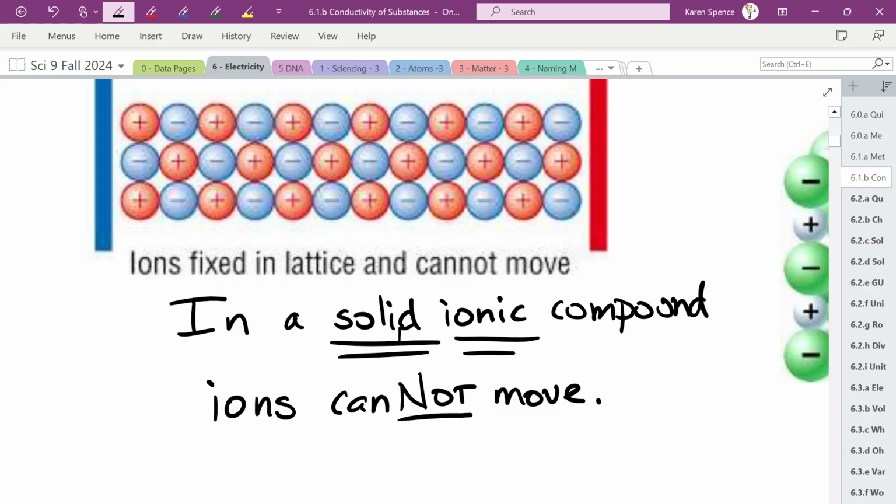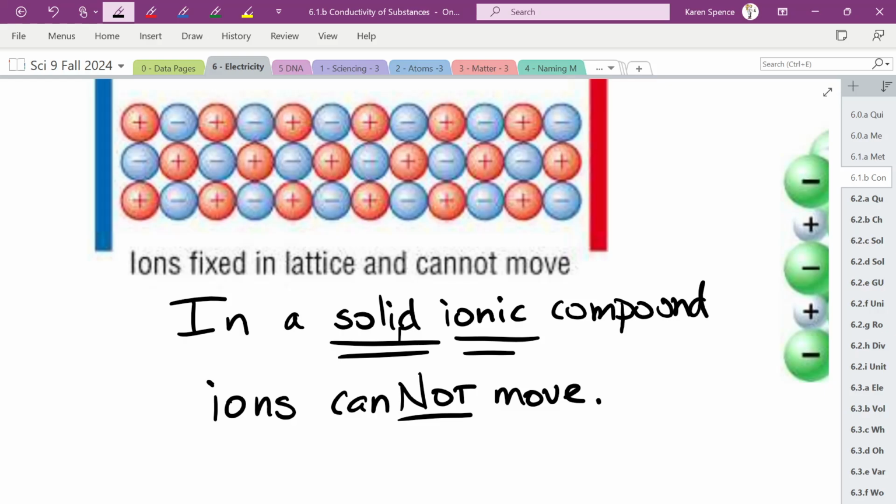If they cannot move, can this conduct electricity? No. So it has ions, but they cannot move.